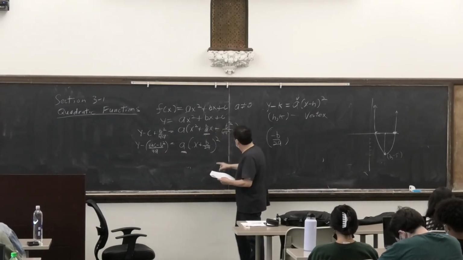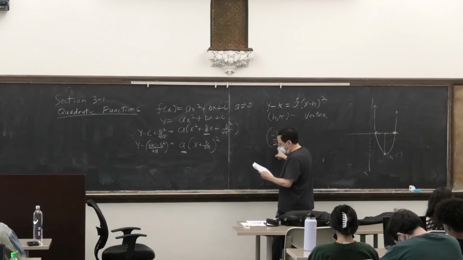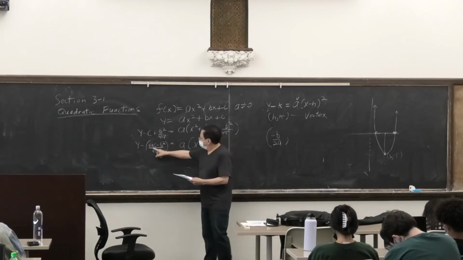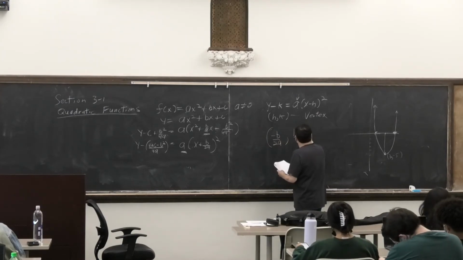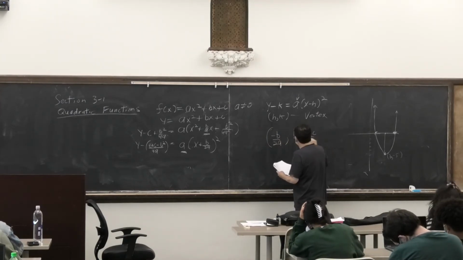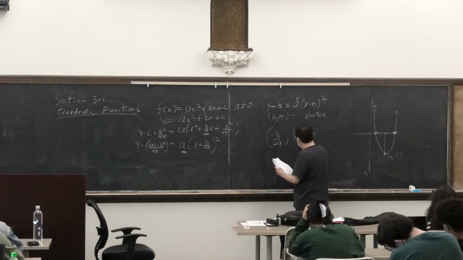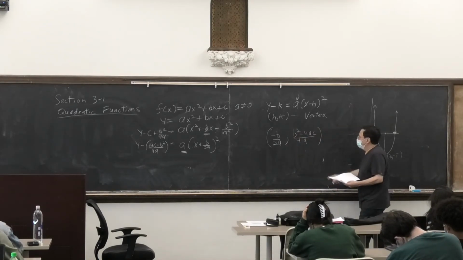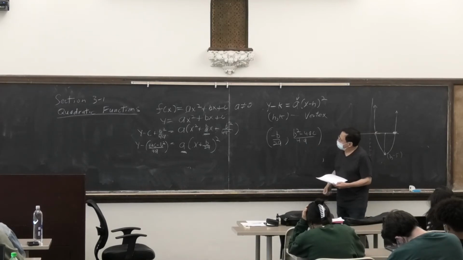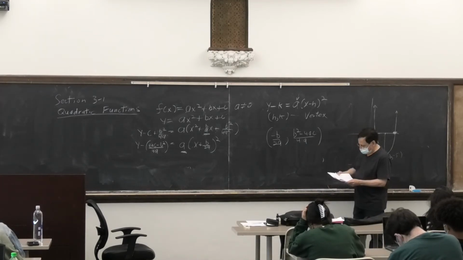This is where it occurs. Its value is now the negative of this, just b squared minus 4ac over 4a. Okay, so now we know where the minimum is, and now we know what its value is.